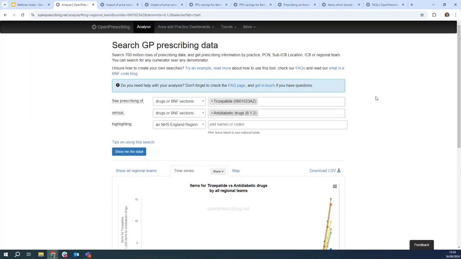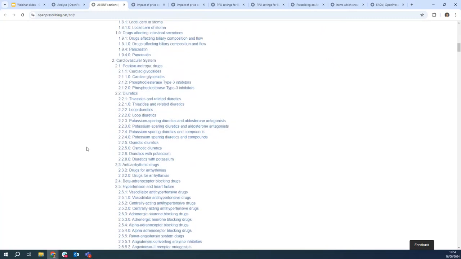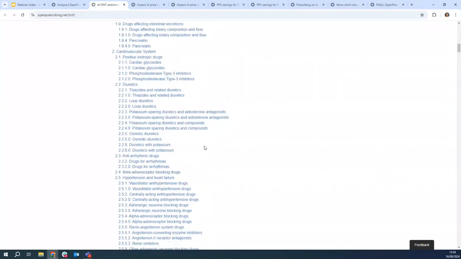And then some last things just to very quickly mention. We have these trends tools here, like trends for BNF sections. You can see this is the national spend, but you can see what's happening for different BNF sections.